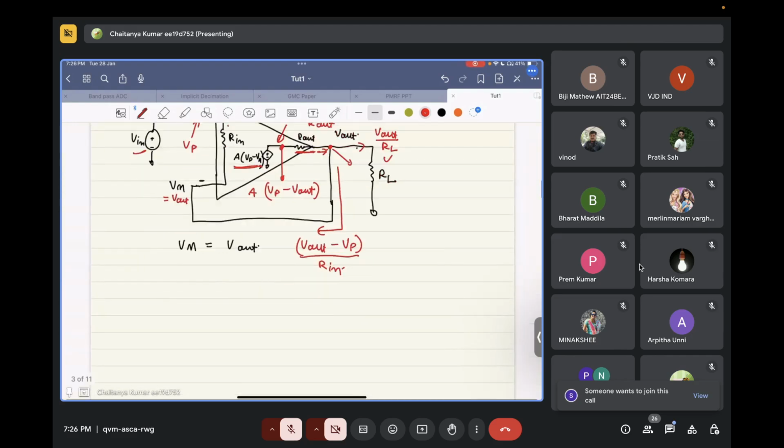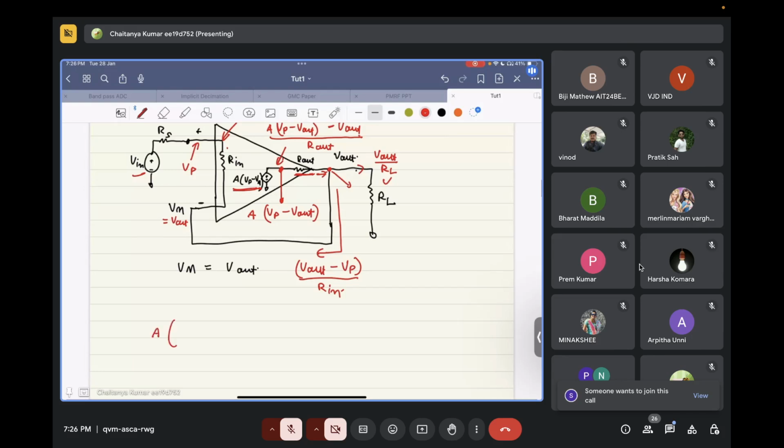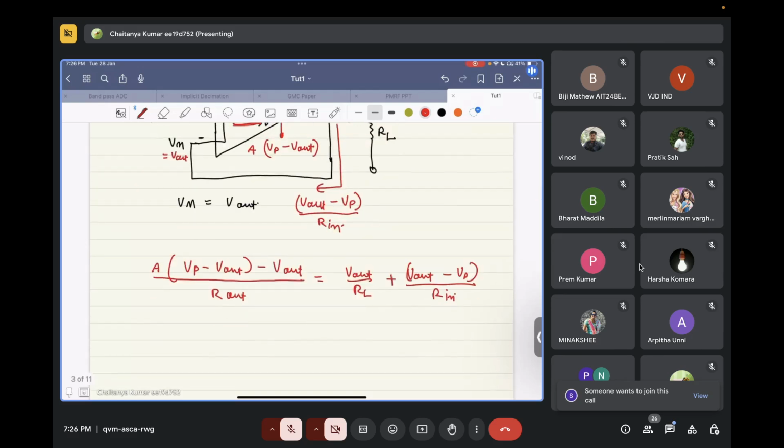So we will have A times Vp minus V out, minus V out by R out is equal to V out by RL plus V out minus Vp by Rn. So using this equation, we can find the relation between Vp and V out, right?